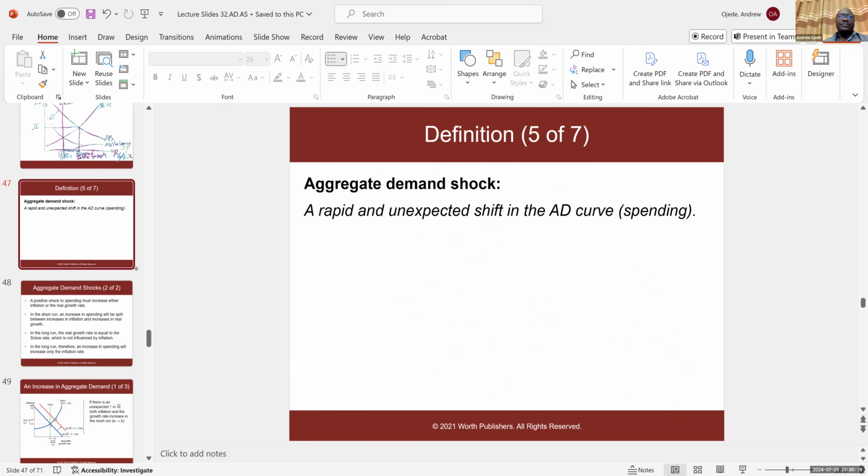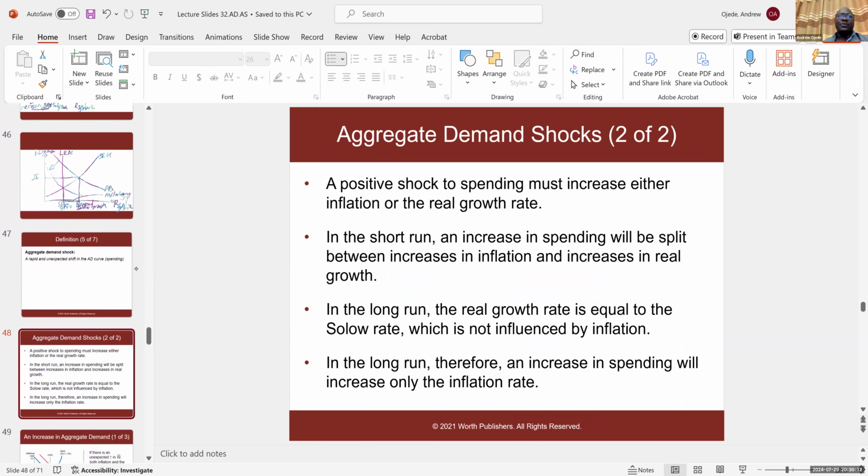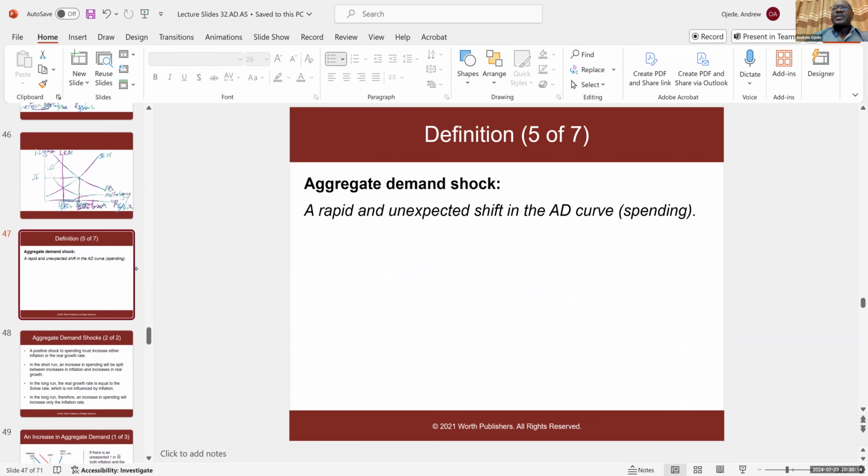All right. So now let's talk about real shocks. Keynes is going to argue that there are things that will affect the aggregate demand: unexpected shocks.